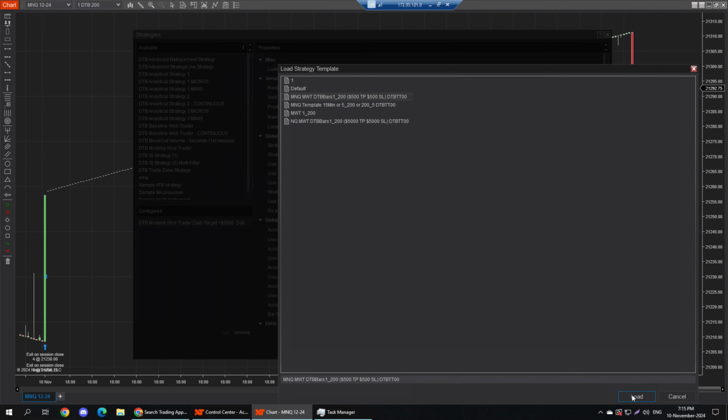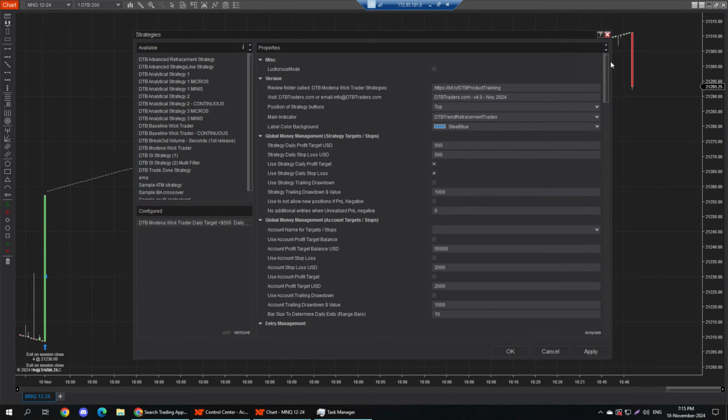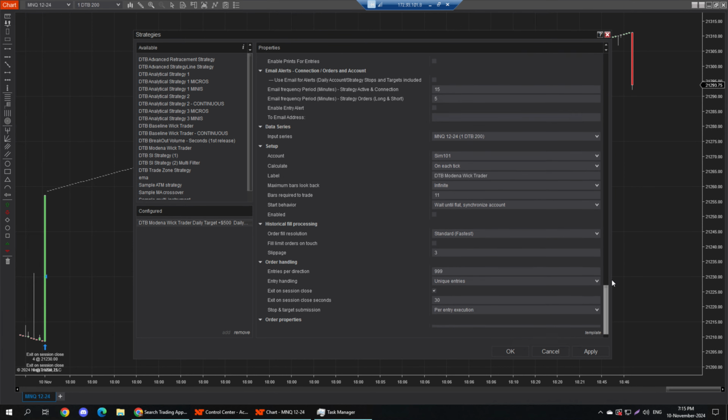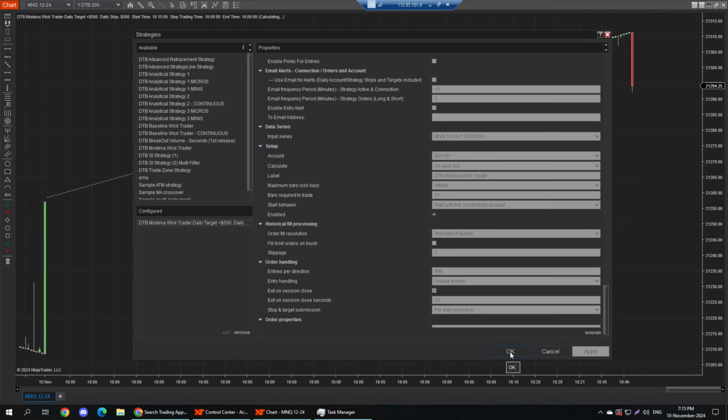So you can load that up. And all you have to do here is select your specific trading account that you're going to trade on, and then click on enable, apply, and OK.